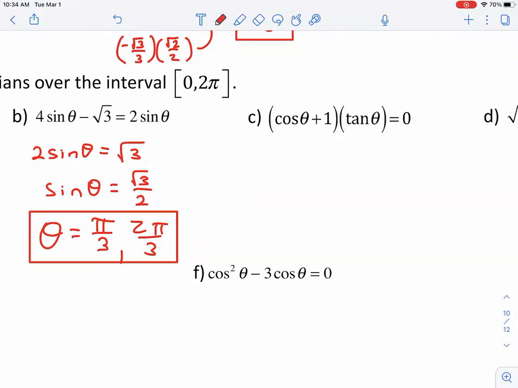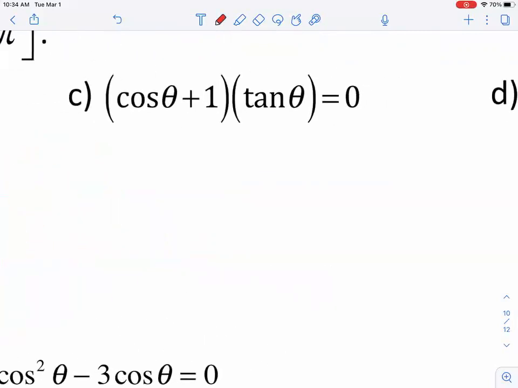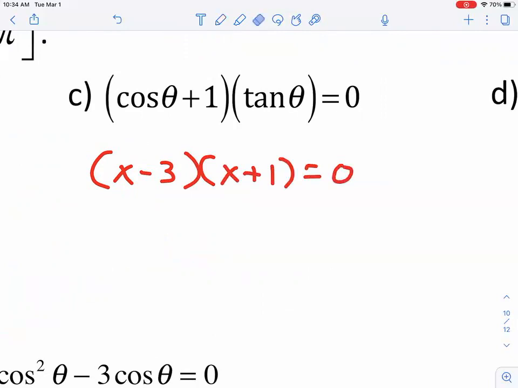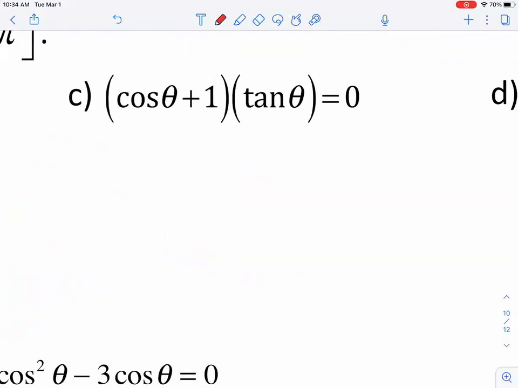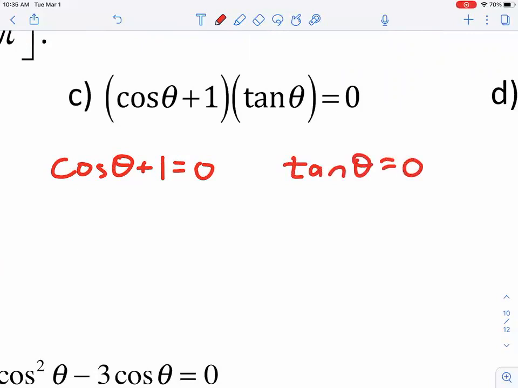Just like if you had something like x minus 3 times x plus 1 equals 0, you would use the zero product property in that case also. So we're using that same concept here. I have two equations, the cosine of theta plus 1 equals 0, and the tangent of theta equals 0, and I have to solve both of those.